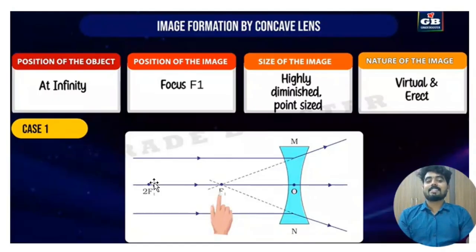When a ray of light passes parallel to the principal axis, what will happen? It will pass through the focus. So the image will be formed at the focus. That's all. The nature of the image formed will be virtual and erect, the same as the mirror. What is the nature of the image formed by a convex mirror? It is virtual and erect, as well as the concave lens, also virtual and erect.